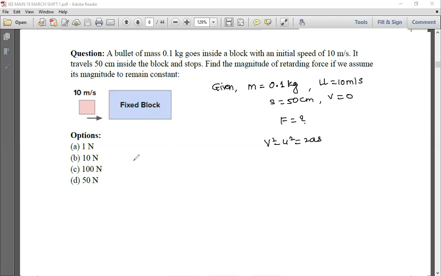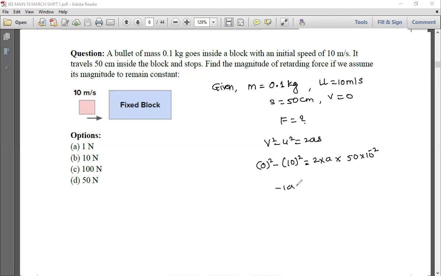Yes, are you doing? Substitute करो 0 square minus u, 10 square is equal to 2 into a into s. इसको मीटर में कन्वर्ट करो. Okay, so I'm substituting here 50 into 10 to the power minus 2.